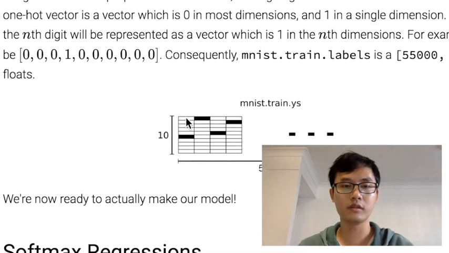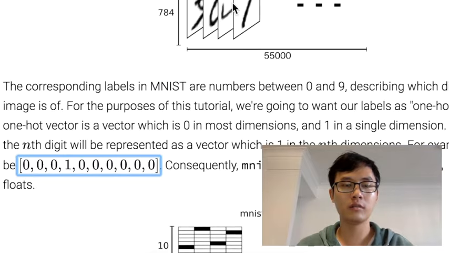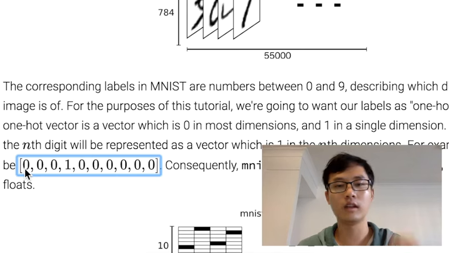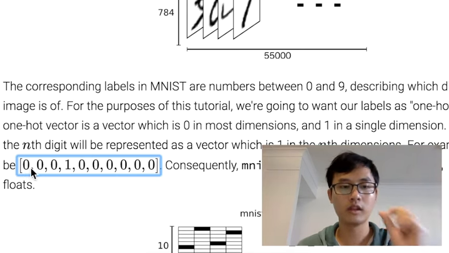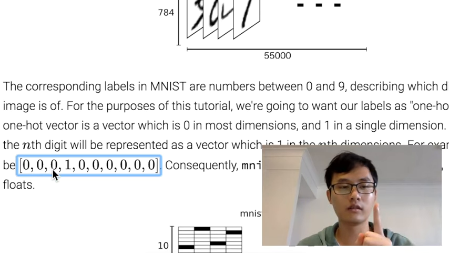And the output is not what you imagine. The output is an array with 10 possible positions: 1, 2, 3, 4, 5, 6, 7, 8, 9, 10. The first one represents the digital number 0, the second represents the digital number 1, and the third represents the digital number 2.